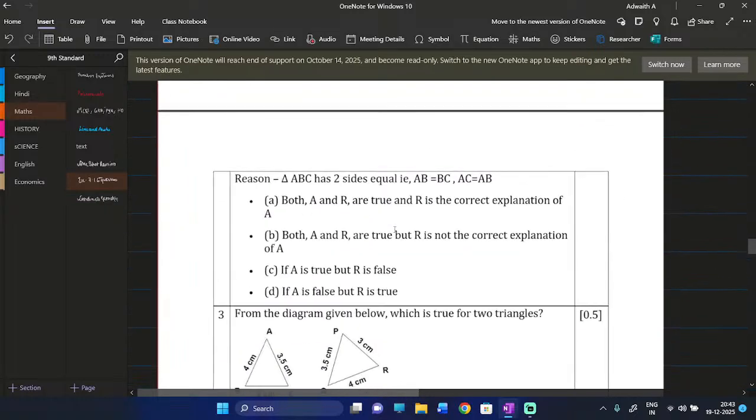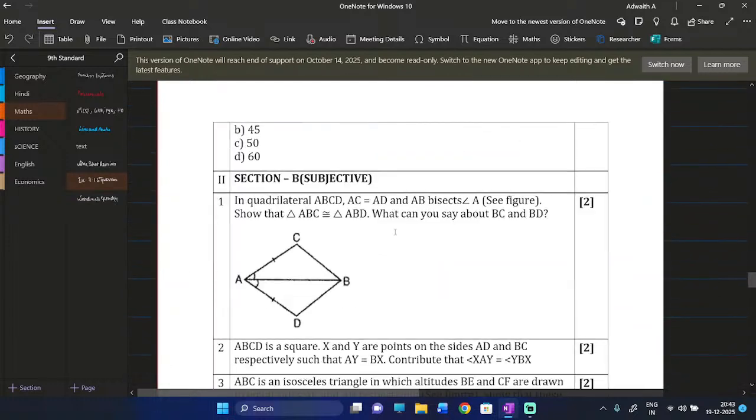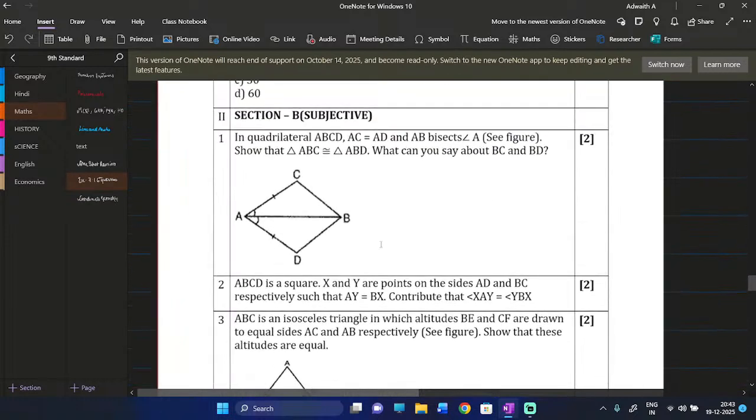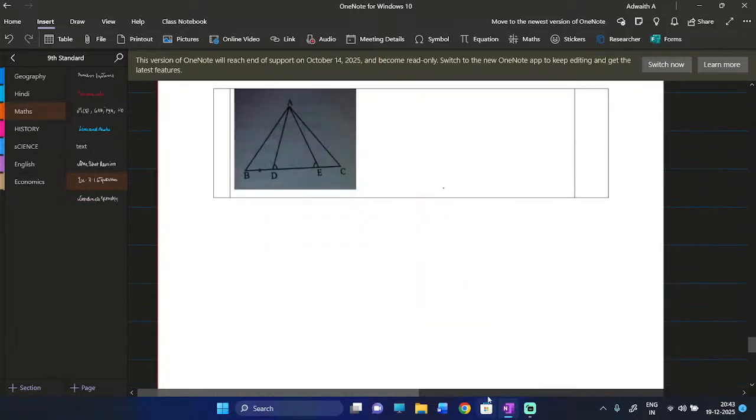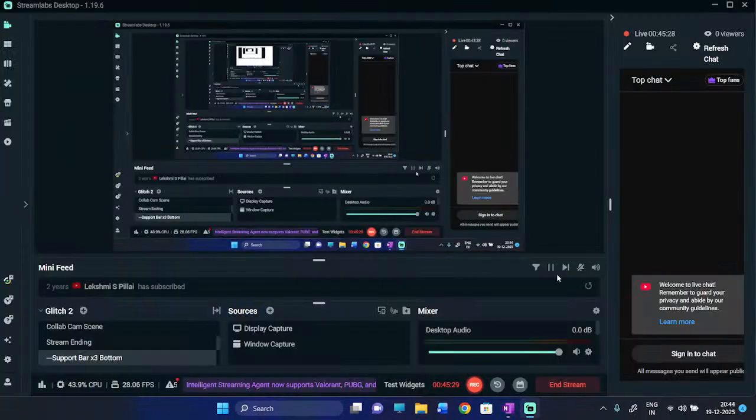MCQ only 1, 2, 3, 4, 5 questions. This is in text question. Okay, so this PT2 thing, I will publish it in the community.